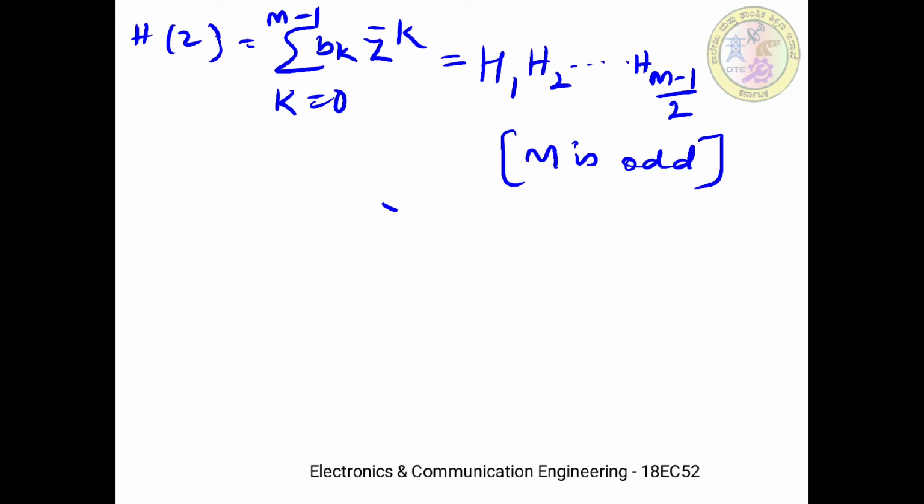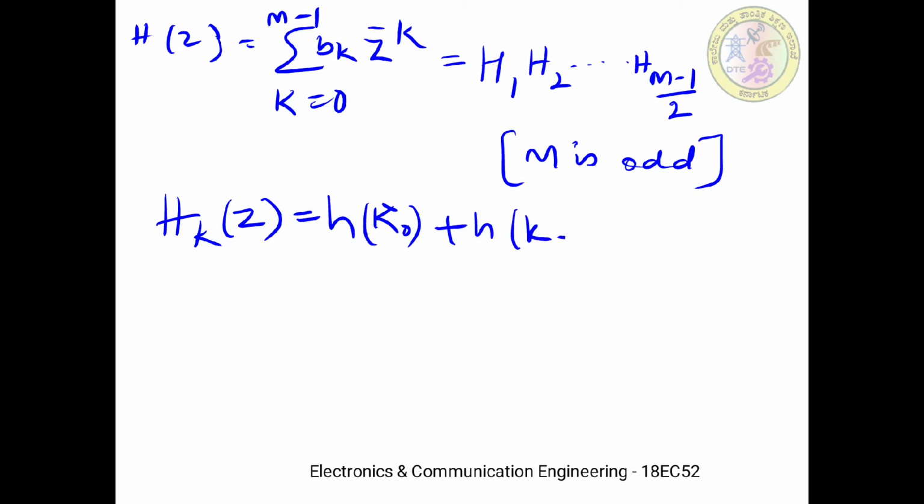Here H1, H2, H3, and so on up to H of (M minus 1) by 2 are the individual transfer functions, and each individual transfer function can be represented as Hk of z, which is nothing but h of k0 plus h of k1 into z inverse plus h of k2 into z to the power of minus 2.